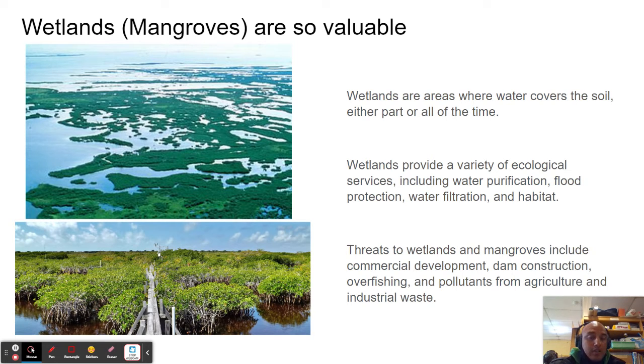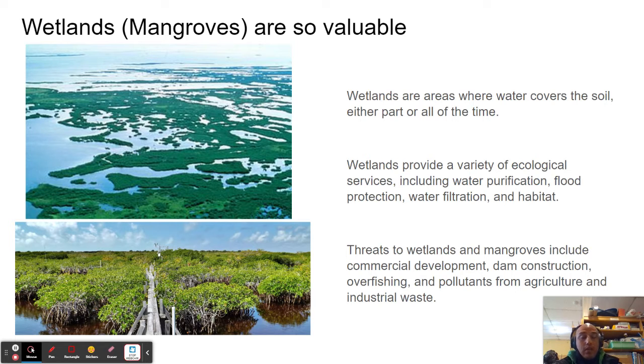Perhaps we're going to use hydroelectric power. Overfishing: since they're close to shore, they're easy to get to, so they are also under attack by overfishing. And of course, the pollutants that we've been talking about, like excess fertilizer or sewage runoff, can cause eutrophication in these areas as well. So they are under attack.